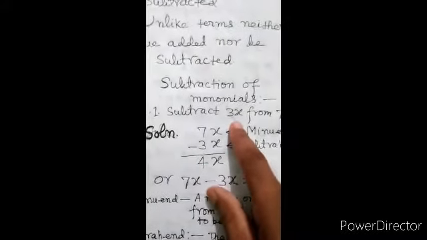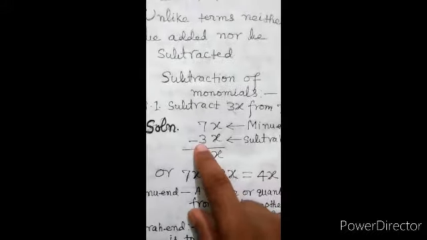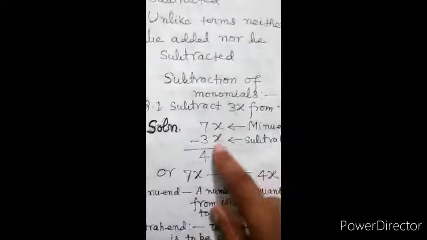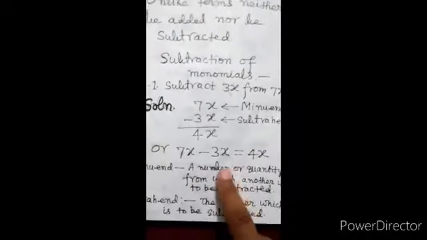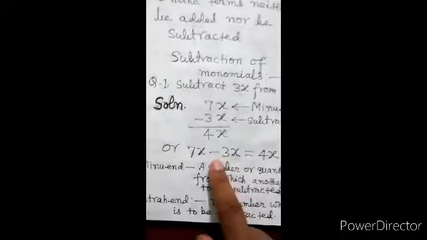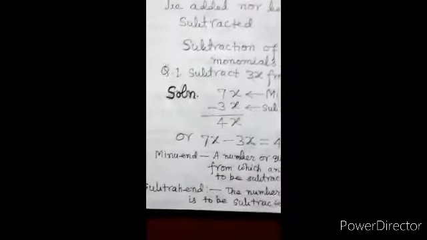We have to write it just below minuend. Now subtract: 7x minus 3x gives us 4x, or we can subtract it like this also, 7x minus 3x is equal to 4x.